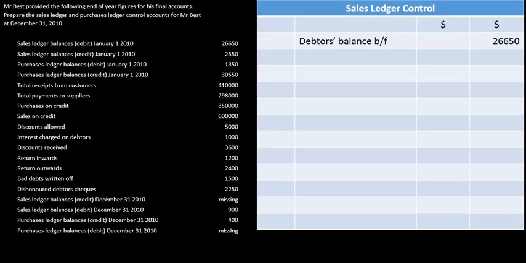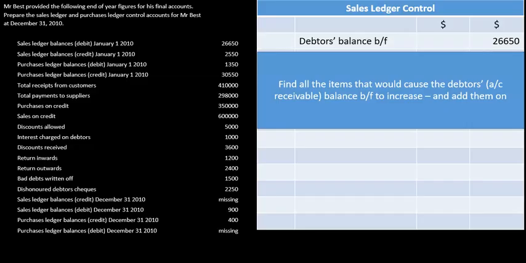Good. The second step would be to find all the items that will cause this debtor's balance to increase. In other words, what will cause that 26,650 to increase? So when we look through the balances shown here, we see we have credit sales.